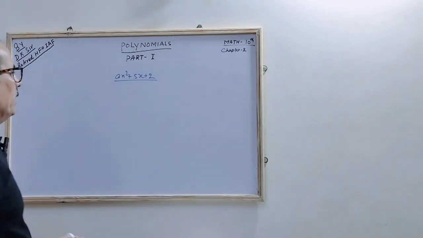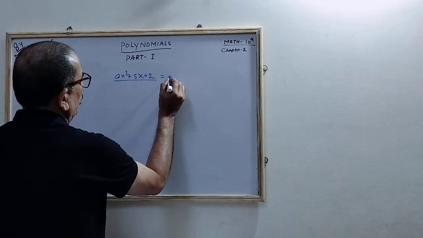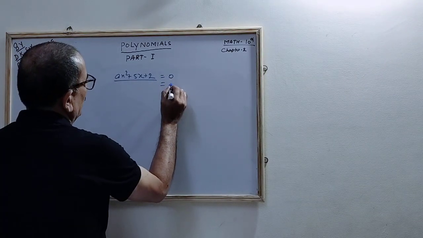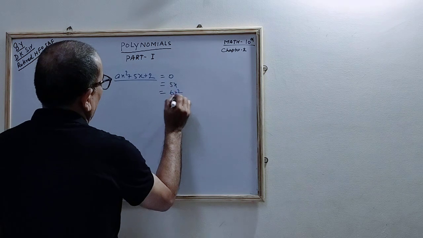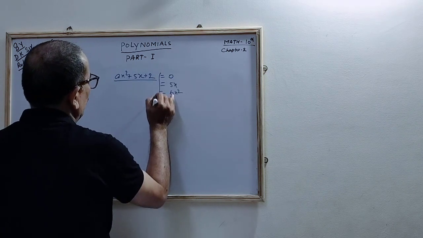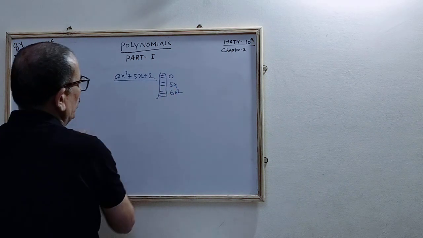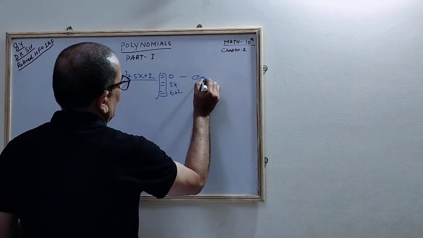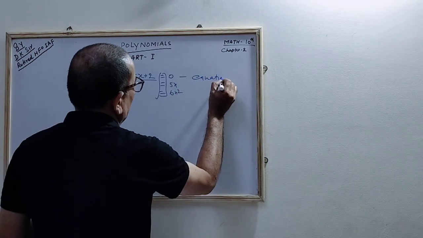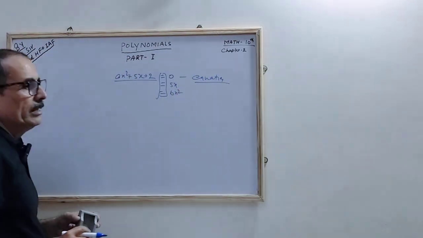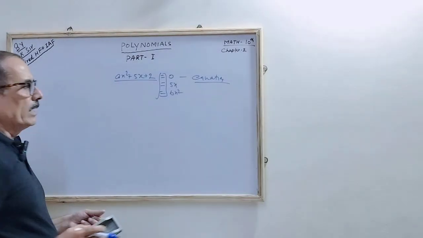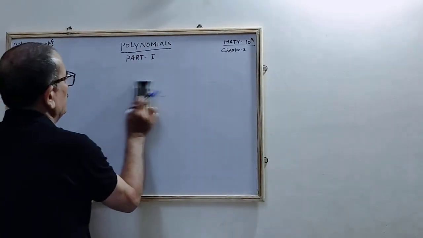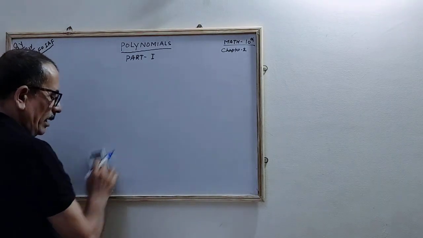If I write here is equal to 0, or is equal to 5x, or is equal to bx square, anything, when we put the equal sign, it becomes the equation, correct? If we put the sign of equal, we will call it an equation, understood? So this is the difference between the polynomial and the equation.